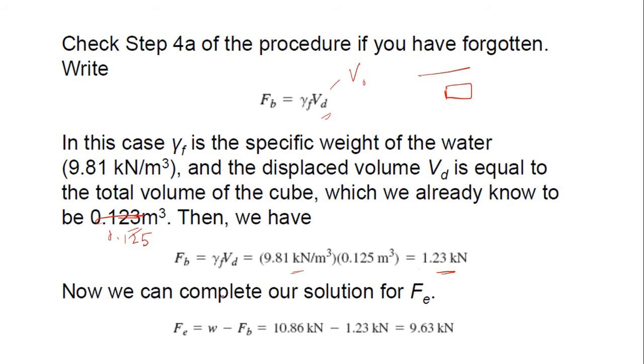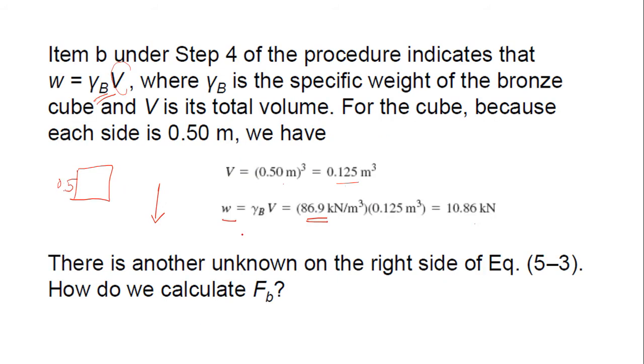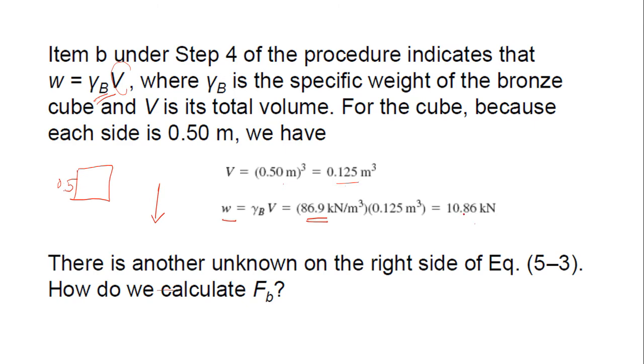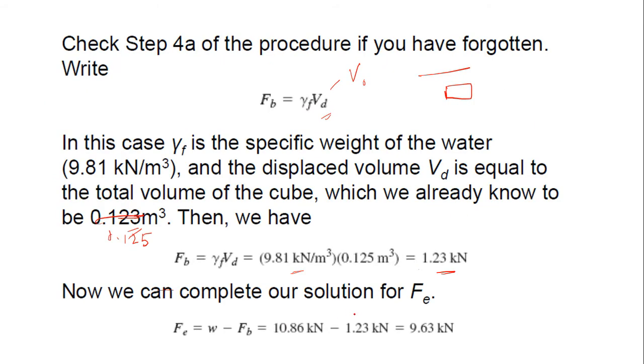So you can complete your equation to find the external force, which is W minus FB. You have written it here. W is what you found earlier, 10.86, minus 1.23, is equal to 9.63.